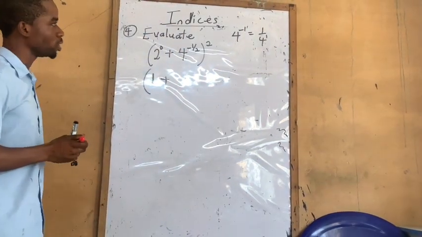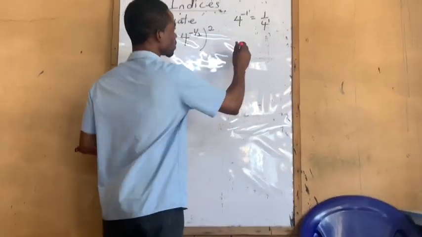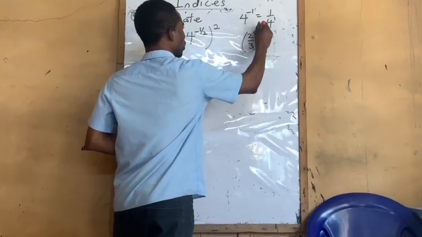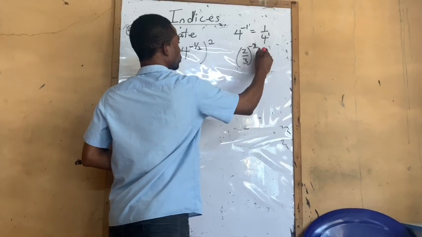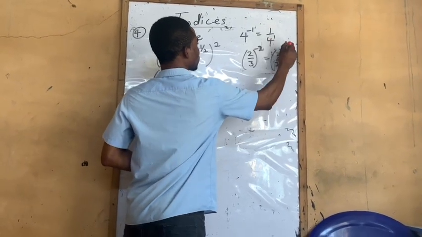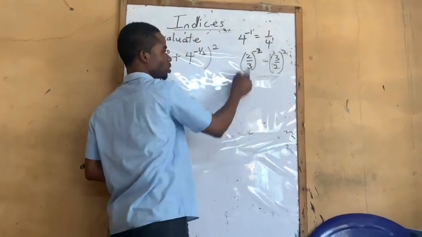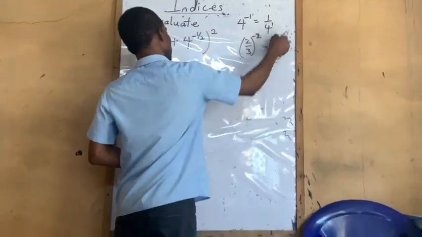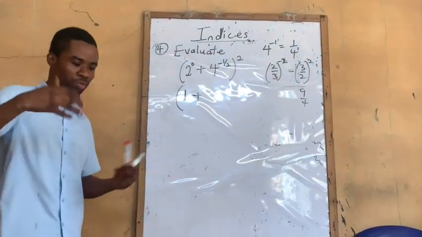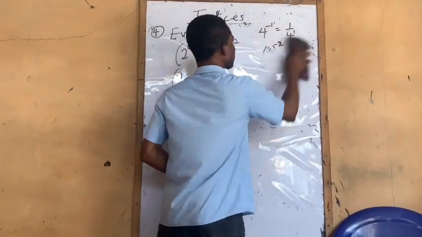So the minus will leave. Sure you get it. And in indices, don't forget, if you have something like 2 all over 3 raised to power minus 2, if I want this minus to go, it becomes 3 all over 2, you're just inverting it. And you know that this is affecting both. That is 9 all over 4. I'm just trying to remind us of our basic laws of indices.